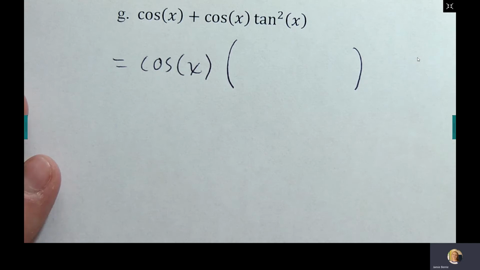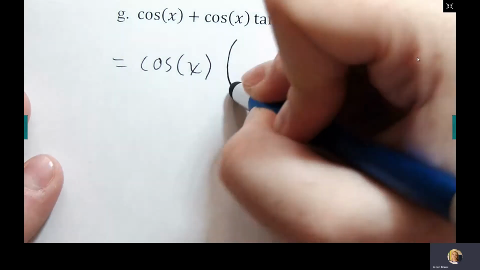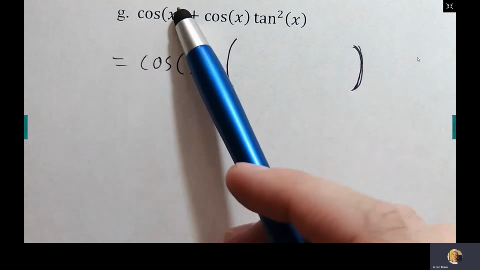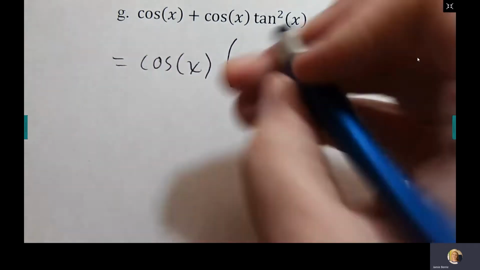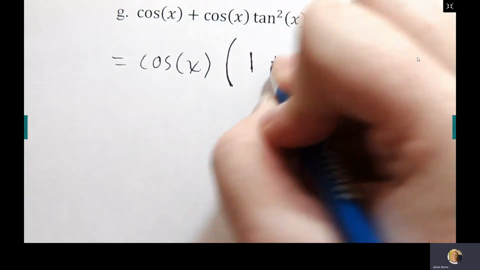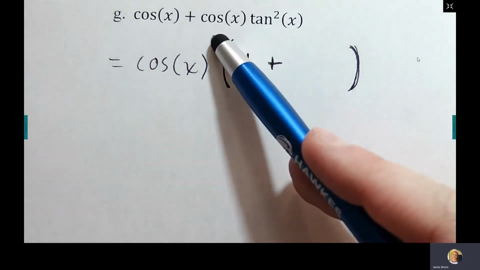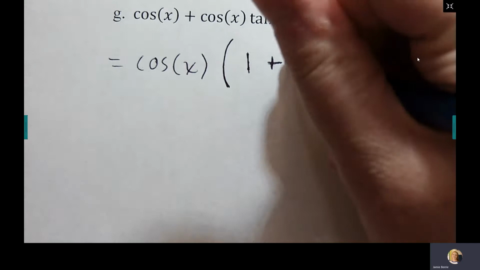And then we'll write what's left over. Big set of parentheses here. So cosine x plus cosine x times tangent squared x. All right, so if we factor out a cosine, what's left in this first term? 1. Good. Y'all are doing so good. And then if we pull out a cosine, that's going to cancel out with that cosine. You're just left with tangent squared x.